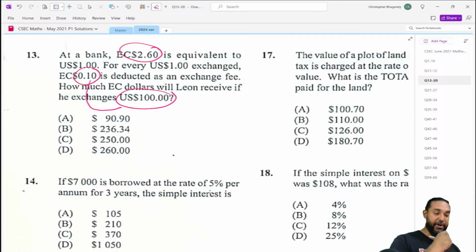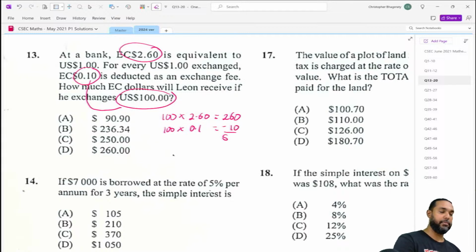And as 100 by 0.1 gave us 10, we lost 10 EC dollars. So let me put it right. We did 100 multiplied by 2.6, giving us 260. Then we took 100 again and multiplied by 0.1, which gave us $10. When we subtracted that, because that's what we were losing, we got 250.